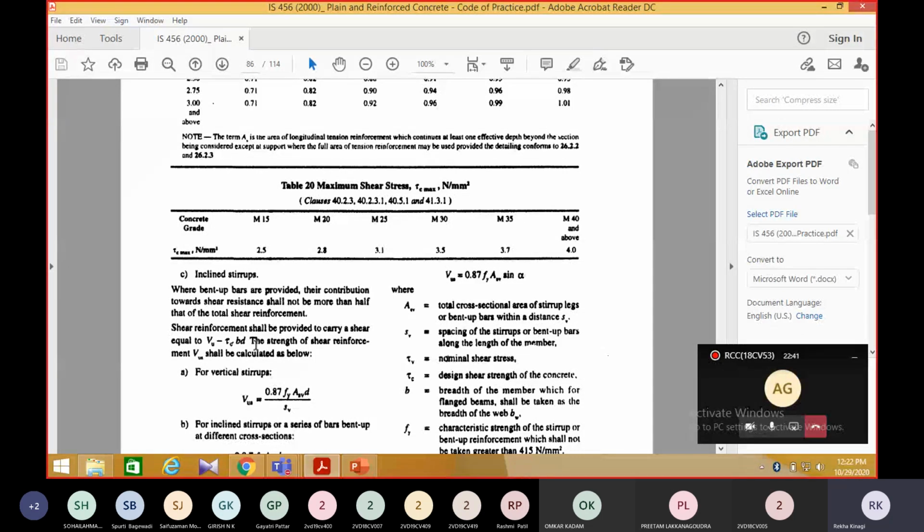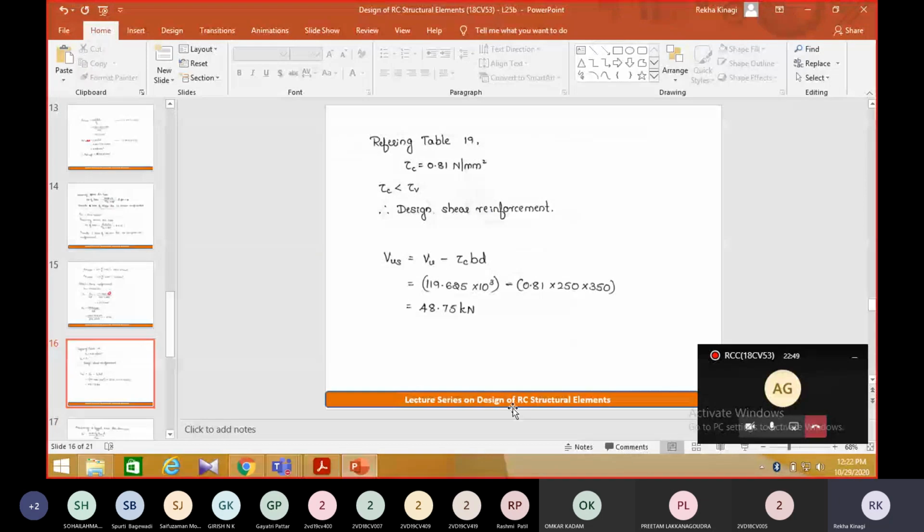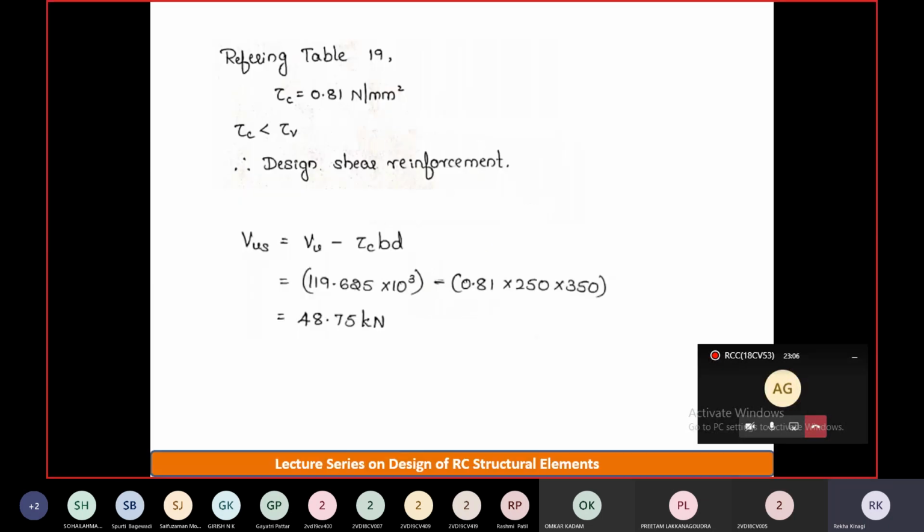So the strength of shear reinforcement VUS is equal to VU minus tau c into BD. So substituting all the values, we get the value of VUS is equal to 48.75 into 10 to the power of 3 Newton. If we convert Newton into kilonewton, it will be 48.75 kilonewton.